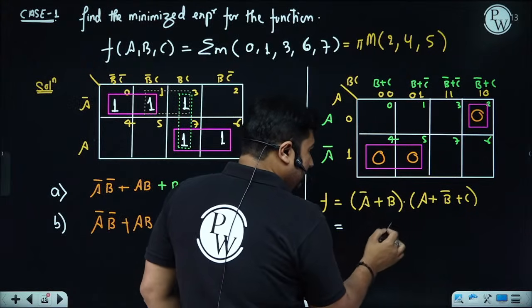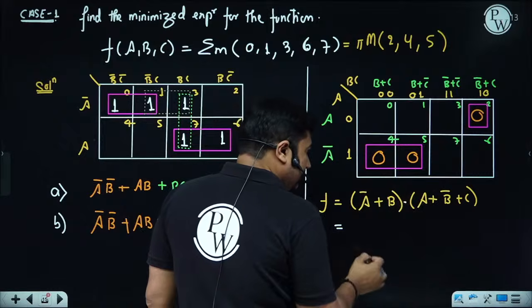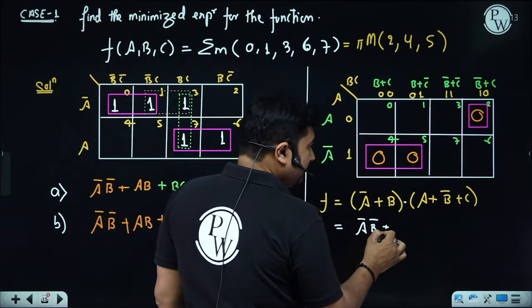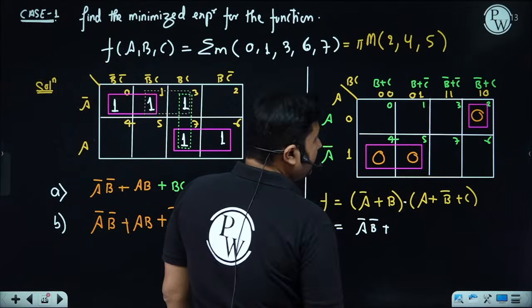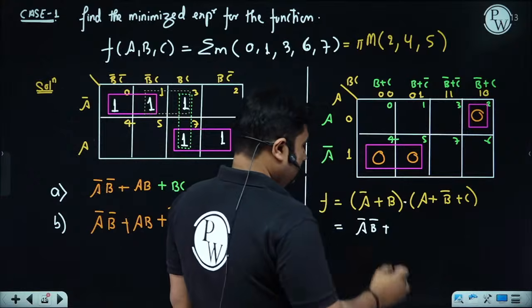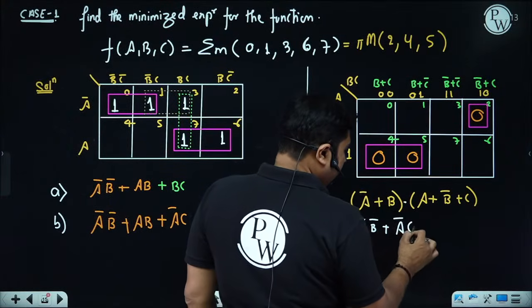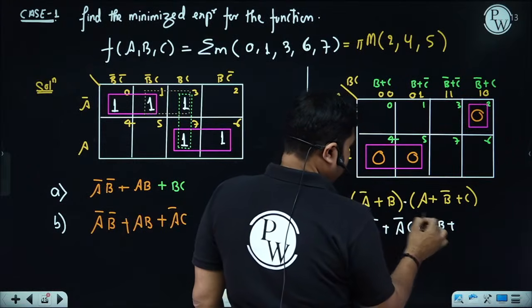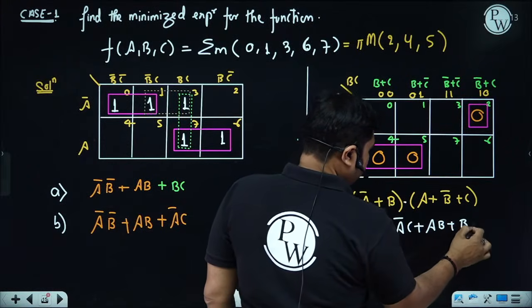So A into A bar, when you open this bracket, A into A bar will become 0. So A bar B bar we are getting, and A bar C we are getting, AB we are getting, and BC we are getting.